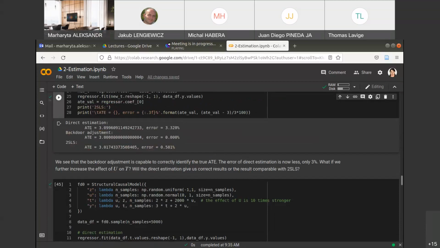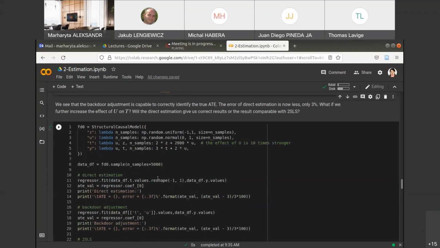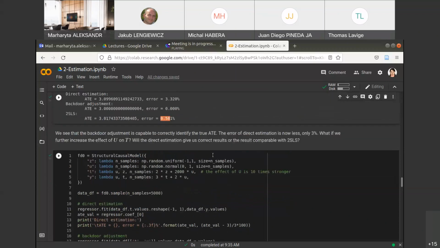Again, we have our naive estimation, backdoor adjustment, and the two-stage least squares. Here, what we can observe is that these two cases did not change, but the naive estimation is now giving us 10 times less error. And still two-stage least squares gives the better estimation. Now, what will happen if we increase this impact even further?